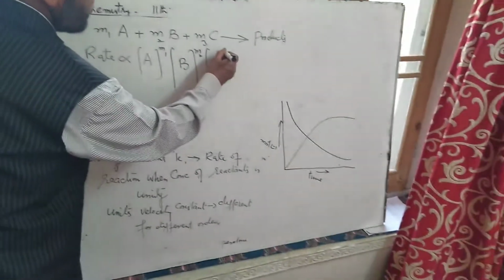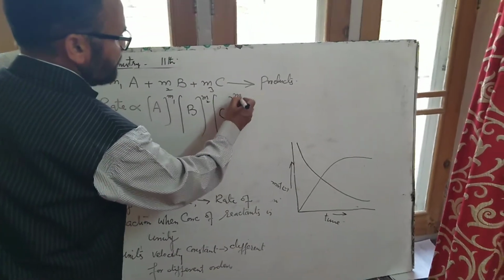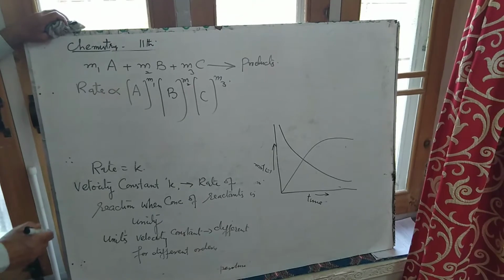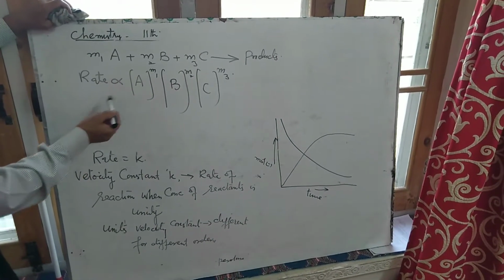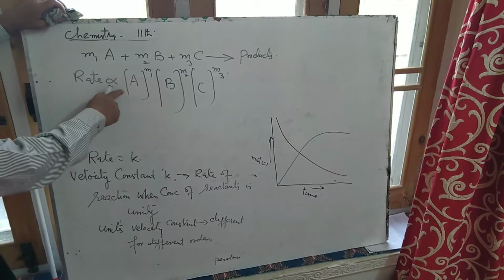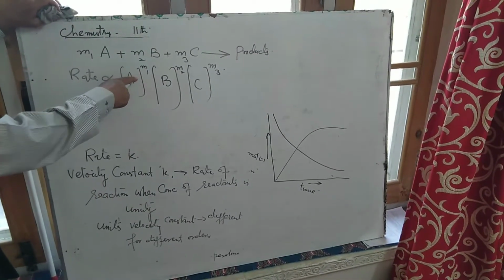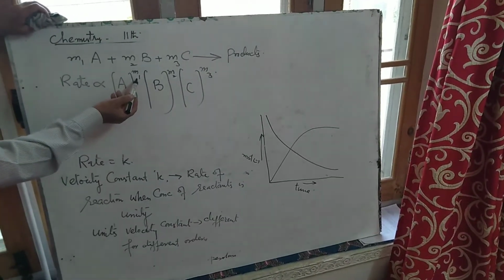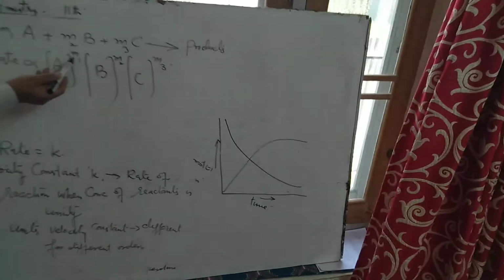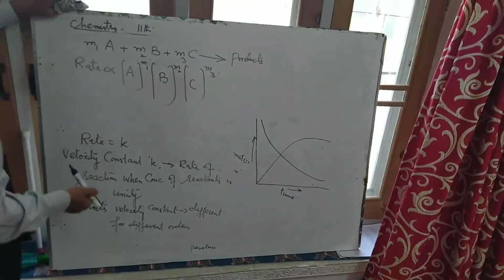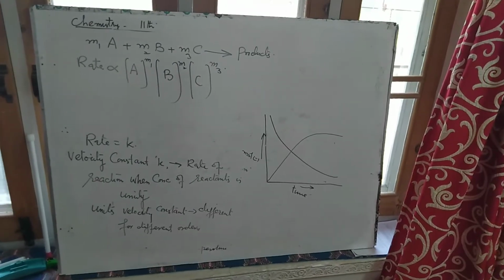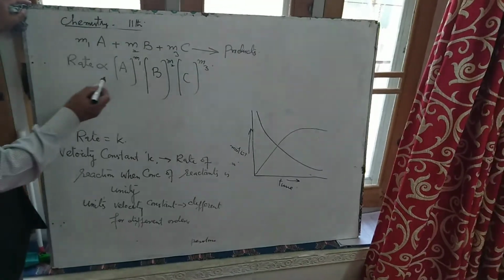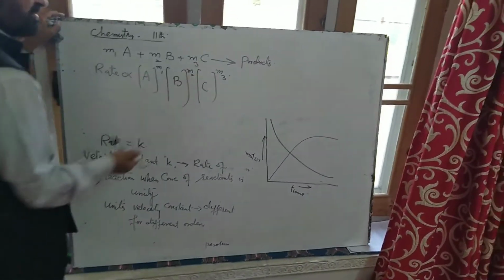The law of mass action states that the rate of a reaction at a particular instant is proportional to the product of the active masses of the reactants at that instant, raised to powers numerically equal to the stoichiometric number of molecules in the equation describing the chemical reaction. That means m1, m2 and m3 are the stoichiometric coefficients raised as powers.